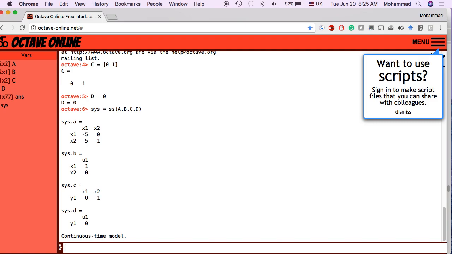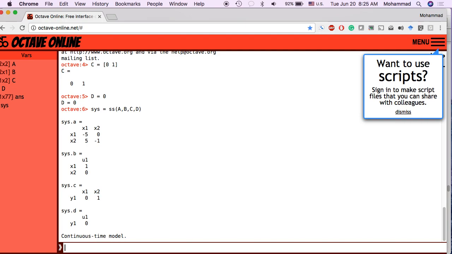After you type ss for state space with A, B, C, and D, it recognizes that you are defining a system. It says, okay, I know A of your system is -5, 0, 5, -1. B of your system is 1, 0, which is the relationship between input and x1 and x2. C is given and D is given.